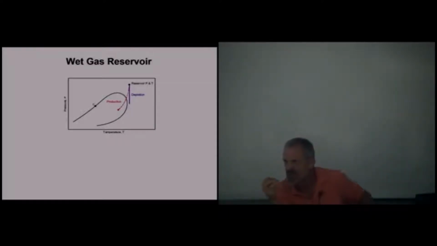They're surrounded by formations of that. So even though I produce them and there's some cooling near the wellbore, you can see that's why this path of reservoir depletion is a vertical line. Okay? I cannot change the temperature of my reservoir. It's fixed.